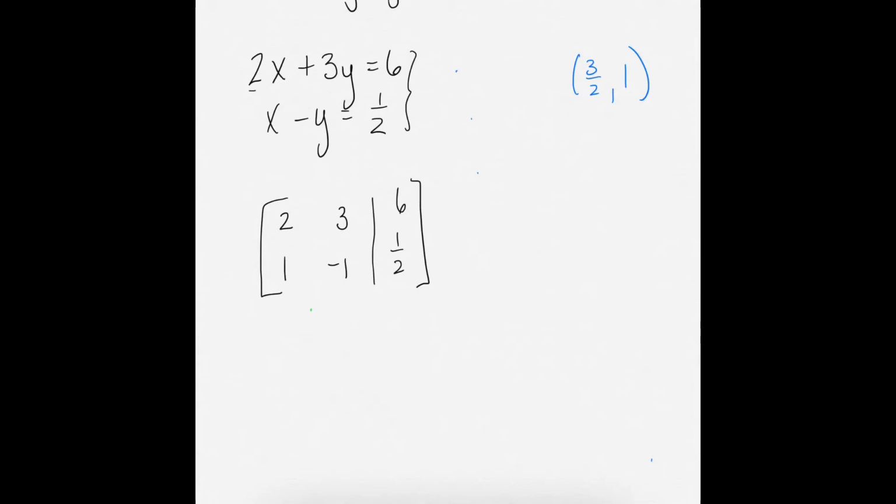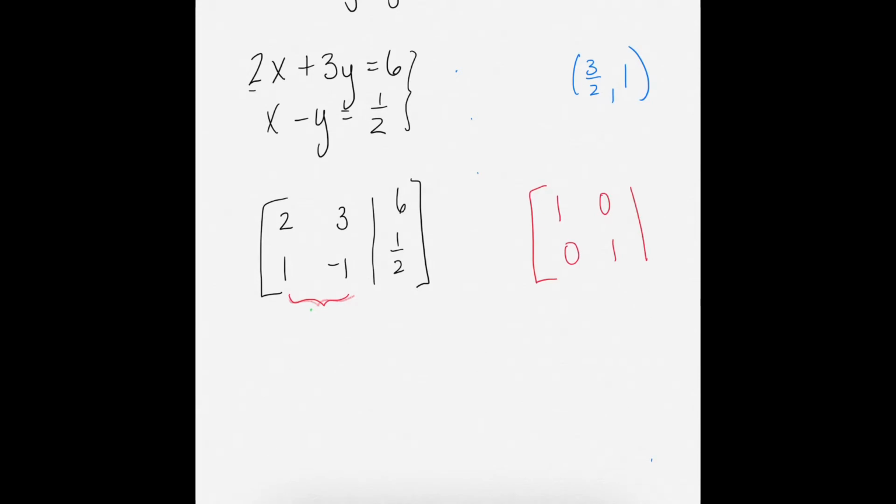So we're going to solve this. The goal here is, we're only looking at the left-hand side. The right-hand side is our solution set. The left-hand side is what we're worried about. We're trying to get a diagonal of 1s, and everything else will be a 0. It's called the identity matrix.